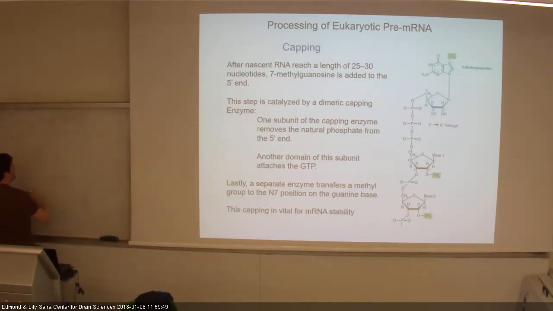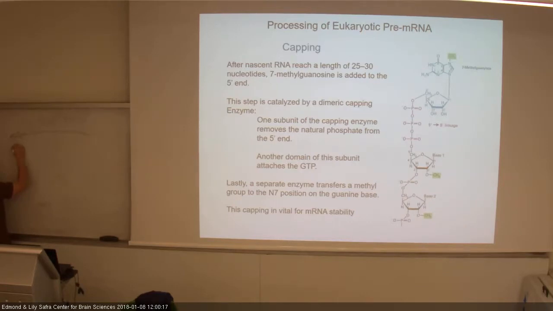If I have my gene, and this is the beginning of the gene, this is the end of the gene, then when RNA polymerase binds to the DNA segment, again this is double-stranded, just so you won't get confused, it starts moving in this direction, and it starts making copies of one of the strands of the DNA in the form of RNA.